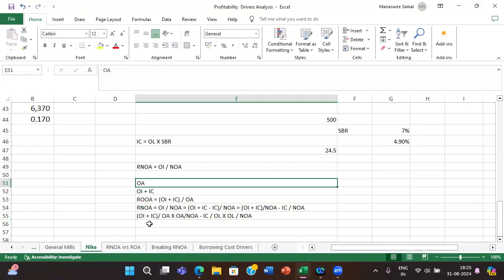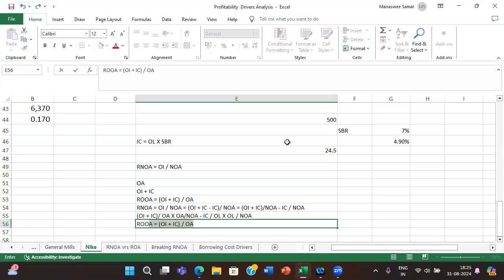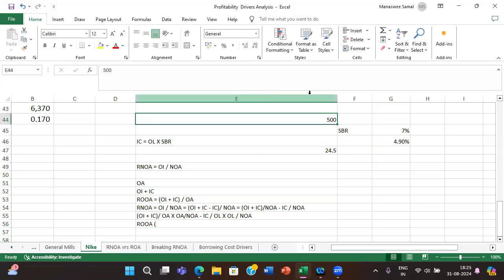Okay. So this OI plus IC by OA, I think already we have got the concept of RUA, that is return on operating asset. So we'll just try to bring in that concept here, RUA, into, we need this OA figure. You said that NOA is equal to OA minus OL.